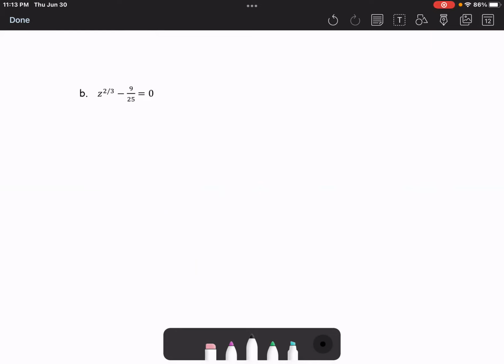Another problem involving rational exponent. We are solving for z, and z is raised to the power 2 over 3. That means the power is 2, the root is 3.